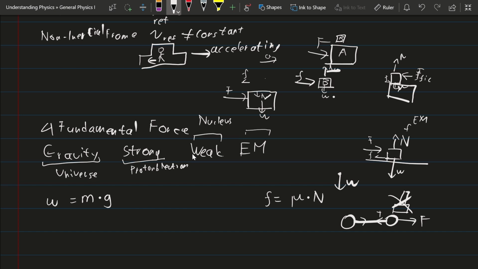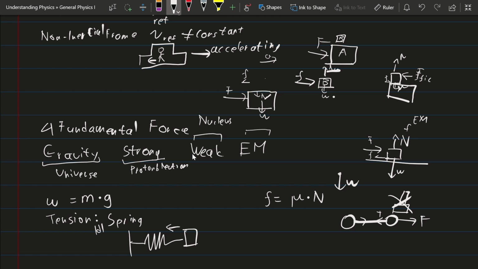The other one is that we want to discuss a little bit about tension, but more specifically in a spring, an ideal spring. So let's say you have a spring attached to a body, basically the tension force.